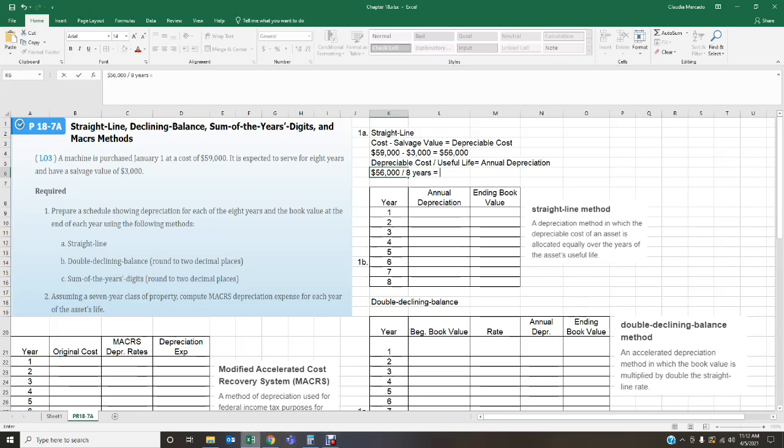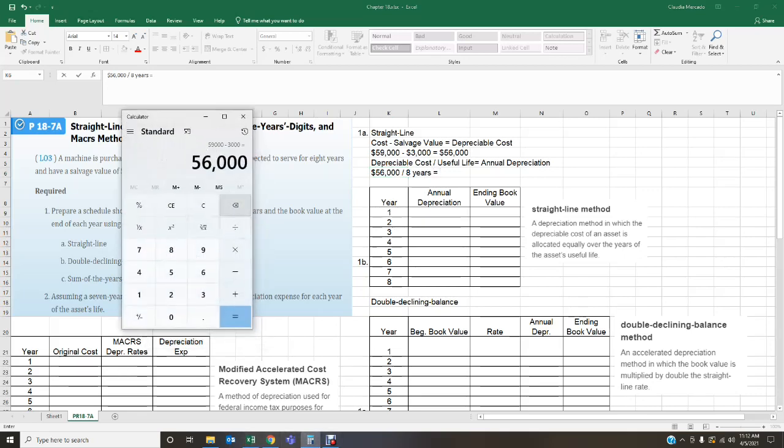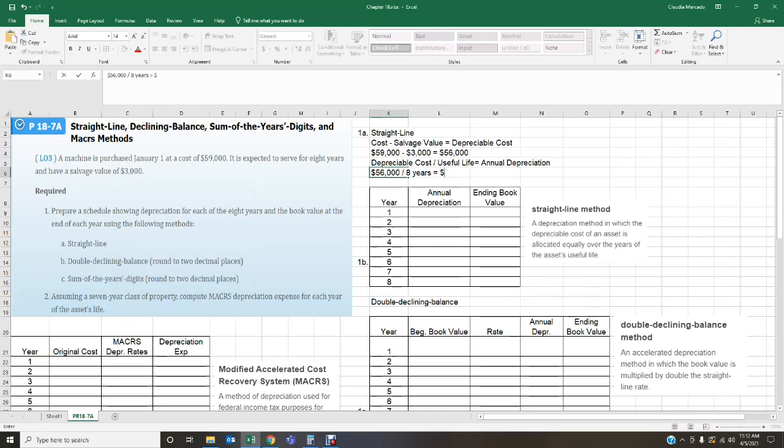So we're going to get 56,000 divided by 8 years. That means every year I'm going to depreciate it $7,000. That is my annual depreciation, $7,000. So that is how I calculate my depreciation for each year for this specific asset.